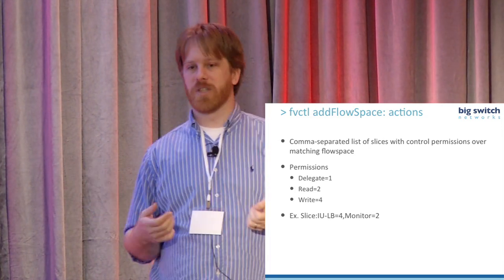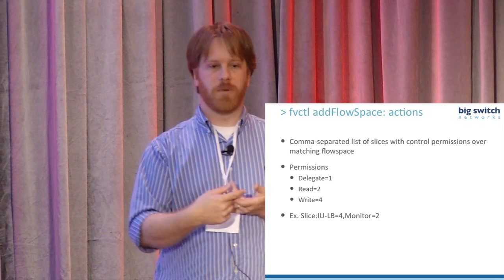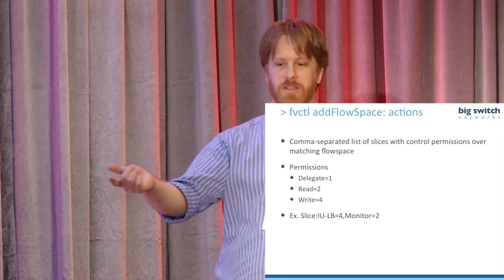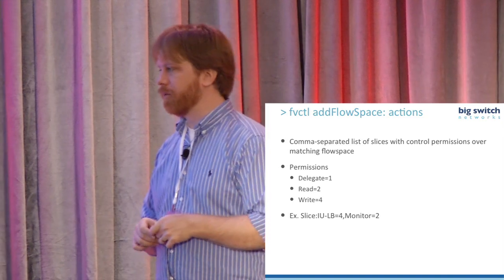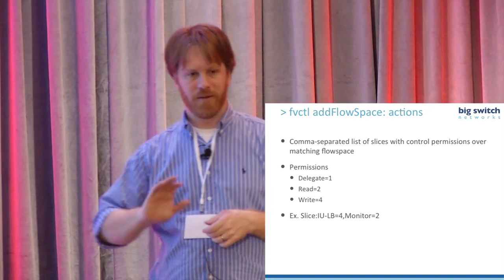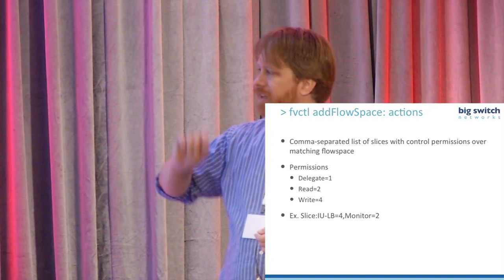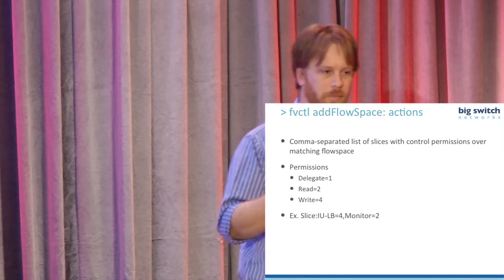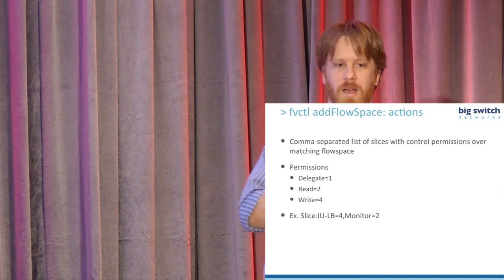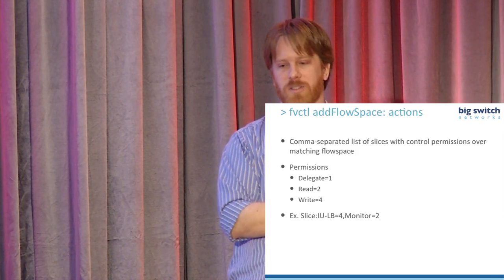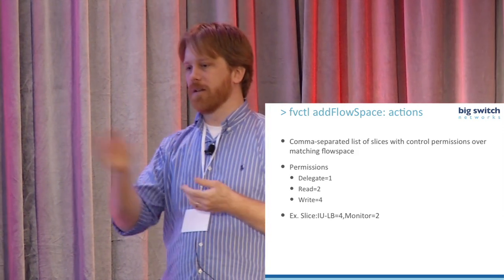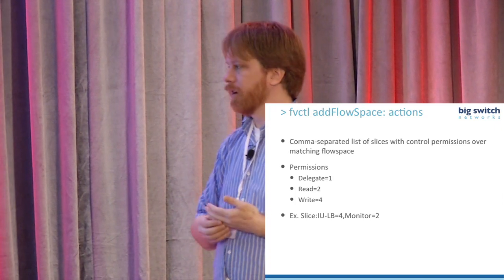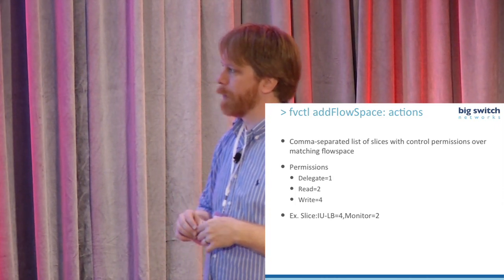And maybe even more interestingly, a slice can't necessarily do anything itself, but it can delegate to other slices. The delegation model is a bit dodgy if you look at the code right now, but we can work on that. It allows you to delegate a subset of your permissions. So if you've been given all the permissions to do everything, you can delegate that off to someone and say, they're only able to read the network on this part for this particular slice.